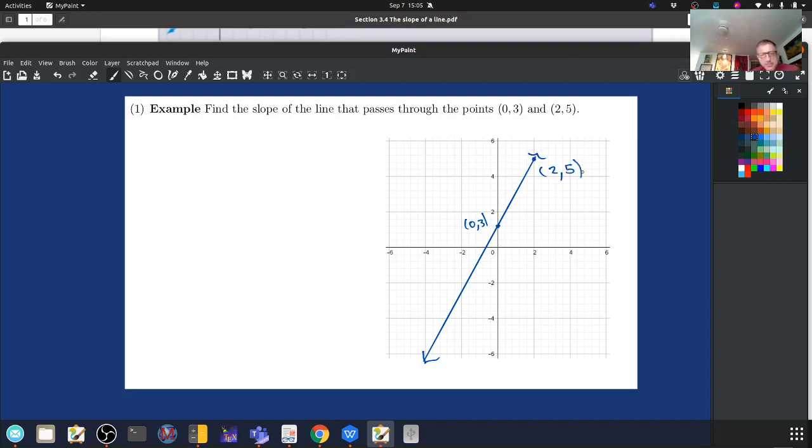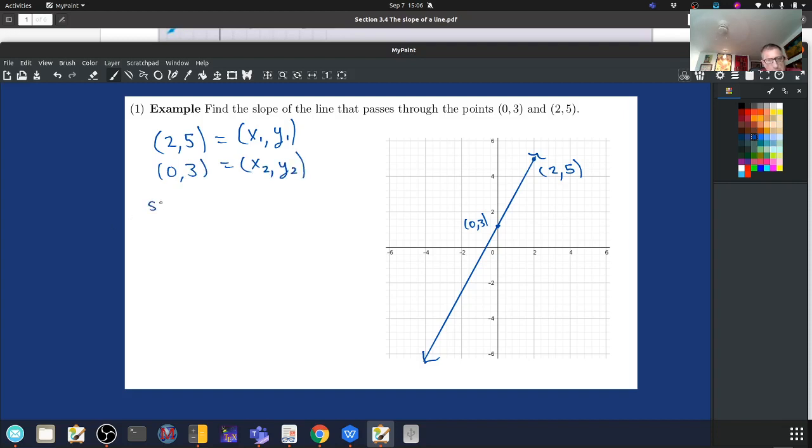So 2 and 5 is equal to 1 point. And if you want, you can call it x1, y1. It doesn't matter. And 0, 3 is going to be equal to x2, y2.